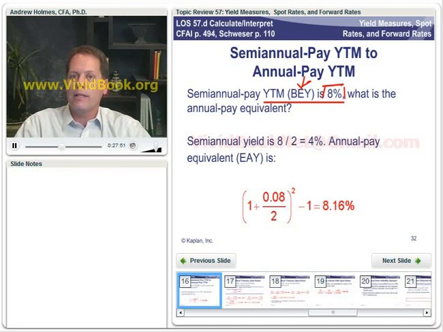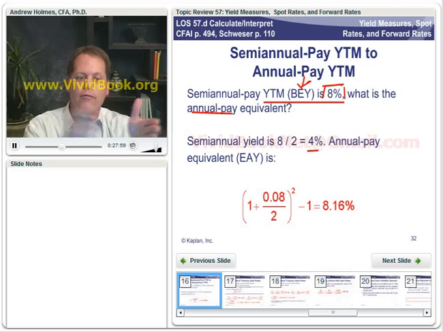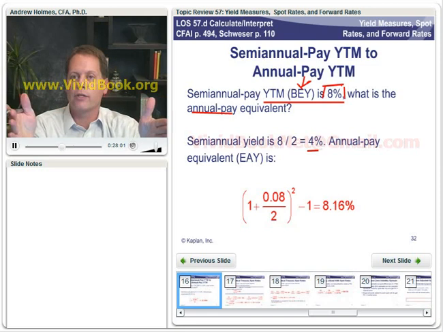Well, what that says is the semi-annual yield is 4%. So how much are you going to have to earn over a year to be as well off earning 4% in the first period and 4% in the second period? Well, obviously, because of the power of compounding, you're going to have to earn a little more if you're just compounding annually. So we're going to take this 8%, divide it by 2, add in the 1 to make the math work, and then we're going to square that, and then we subtract back out the 1.